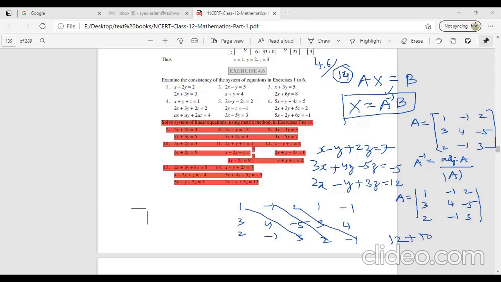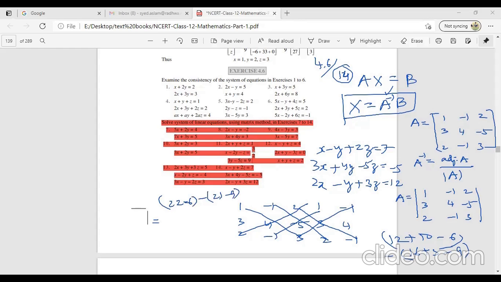These: 3 2s are 6, positive. And then in negative, multiply: 2 2s are 4, 4 are 16, and minus minus plus 5, and 3 into 3 into minus 1, minus 9. 12 plus 10, 22 minus 6, and minus 16 plus 5, 21 minus 9.